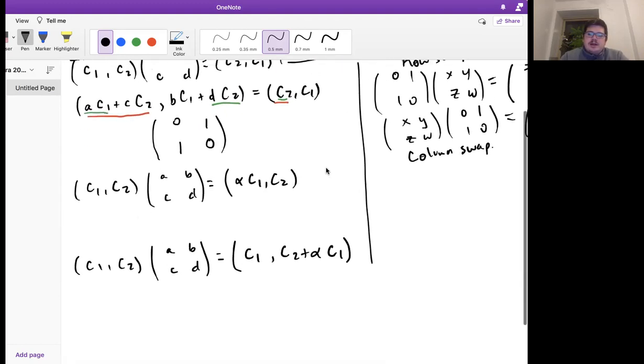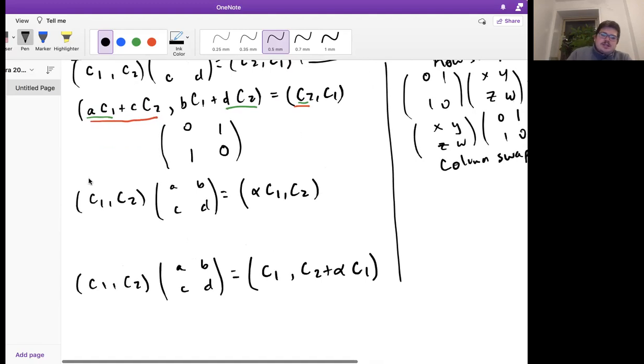Okay, so let's do the same thing, but for type 2s. Suppose you want to multiply a constant times C1, or your column. What would A, B, C, D need to be? I'm not going to write it again because we have it up here. So look at this line here and determine what A, B, C, D would need to be so that you have alpha C1 and C2.